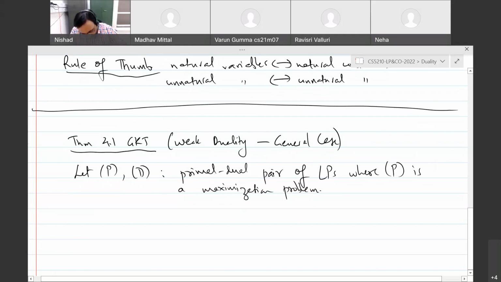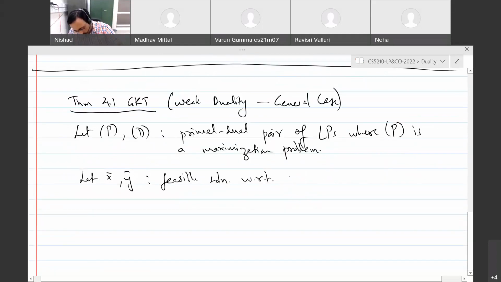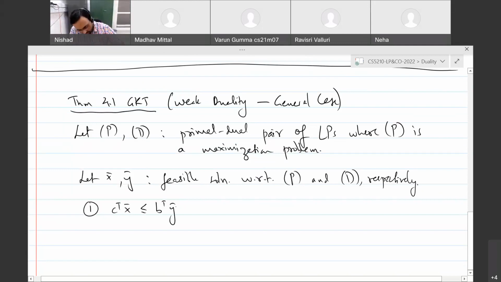And let x bar and y bar be feasible solutions with respect to the primal and the dual respectively. Okay. So always the value of x bar will be less than equal to the value of y bar, right? So in particular, c transpose x bar is less than equal to b transpose y bar if we are using the standard notation. Right?